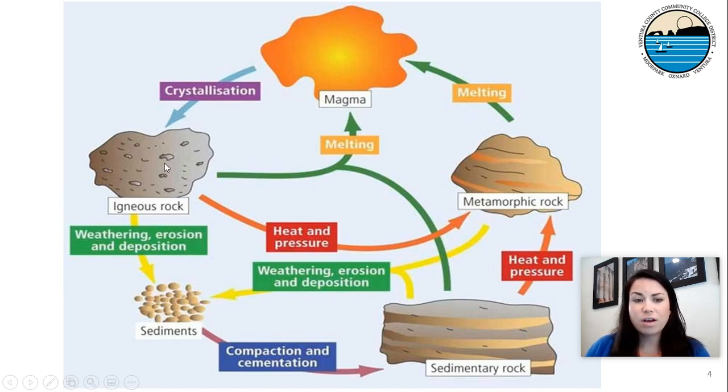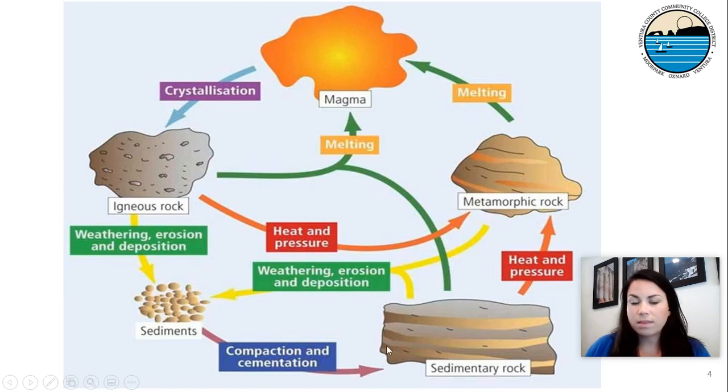And then an igneous rock can undergo weathering and erosion into sediments, and then that goes through compaction and cementation to turn into a sedimentary rock. As heat and pressure is applied to a sedimentary rock, it turns into a metamorphic rock, and so on and so forth. A metamorphic rock can undergo melting and create the cycle all over again.